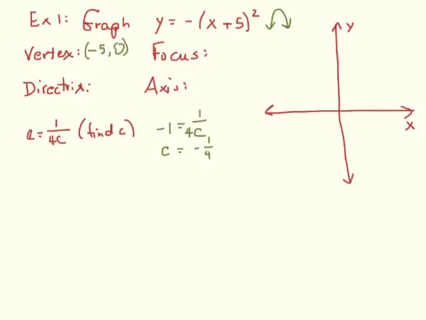So it's negative 5, 0, so it's over 5 on my x-axis right there. And the focus is in the cup of the parabola, right in there. So that means we're going to go down. So the focus is going to be right here, down a quarter. So it's going to have the same x-coordinate, but we're subtracting a fourth. We're going down. And there's our focus. And the directrix is on the other side, a quarter, like that.